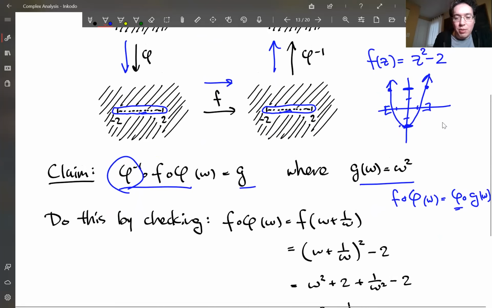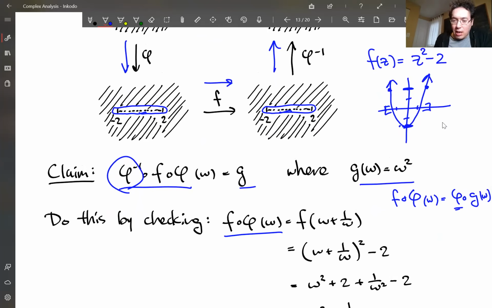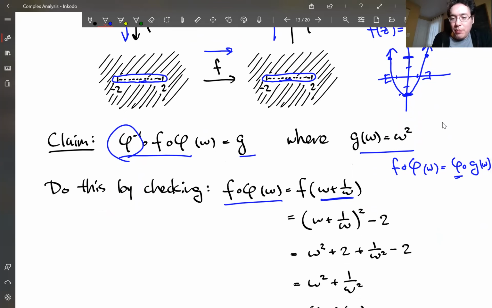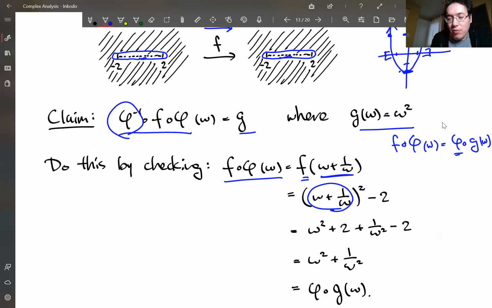Okay, so let's check that. So f of phi is going to be f of the phi function here, and phi was w plus 1 over w. And then the function f is taking the input, squaring it, and subtracting 2. So we could FOIL this out. We get w squared. The cross term is going to be w times 1 over w, which is 1, and there are 2 cross terms.